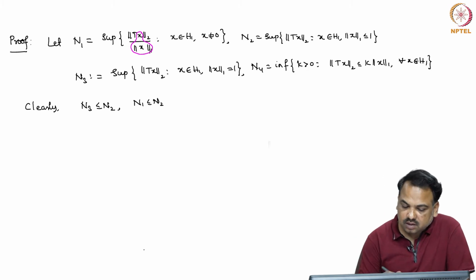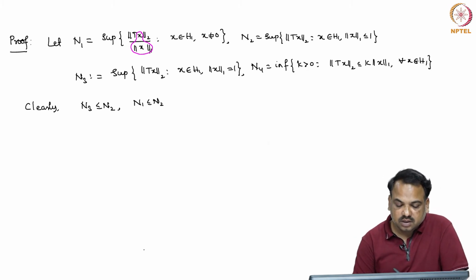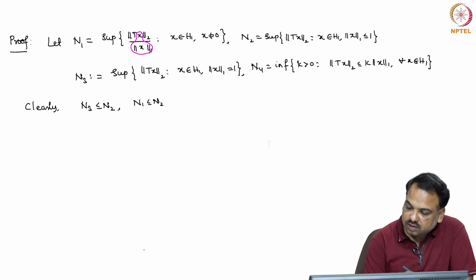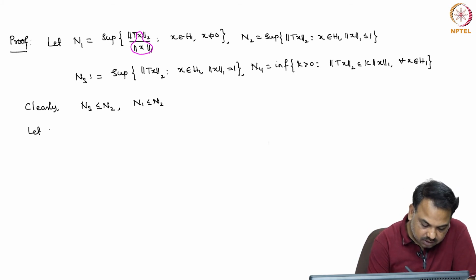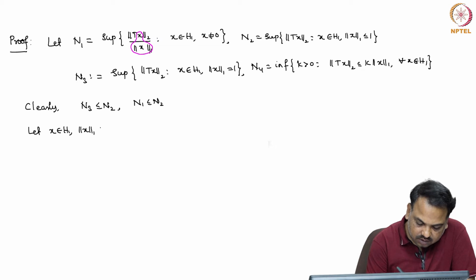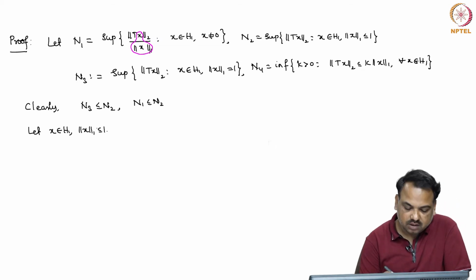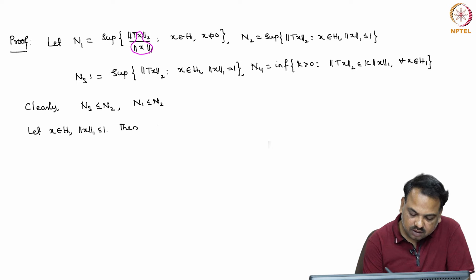Now, let us look at this. We want to prove that N2 is less than or equal to N1. So, let us take x in H1 with norm of x less than or equal to 1. Then we look at norm Tx.